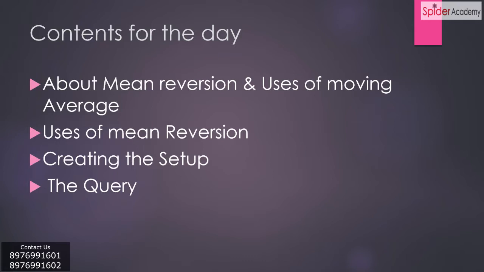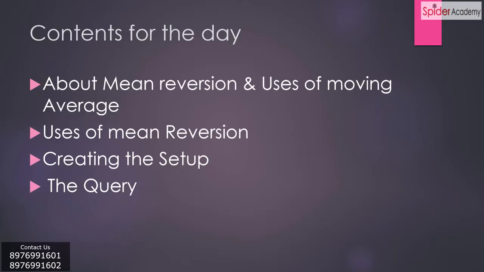Then we are also going to see how we can create the setup using the Spider software, and the last part is we are going to deploy everything we have learned in the technical query and try to find out the stocks objectively using the technical query.